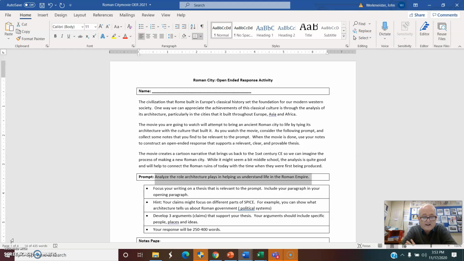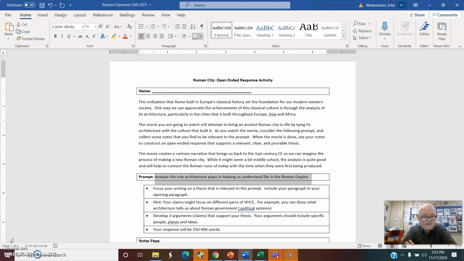If you don't understand that, anything you build here will not be very good. So from an archaeological standpoint, what role does architecture play in helping us today in 2020 understand how Roman society and their everyday life worked?